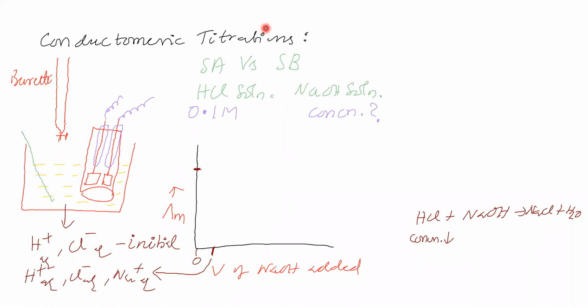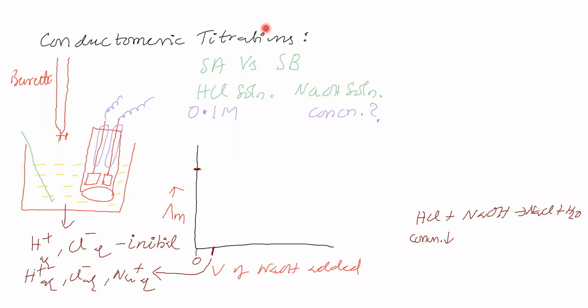After adding this much sodium hydroxide, in the solution H plus ions are there, Cl minus ions are there, sodium ions are there. In this solution, a chemical reaction took place. Now at this condition, the solution contains H plus ions, Cl minus ions, Na plus ions and water molecules.